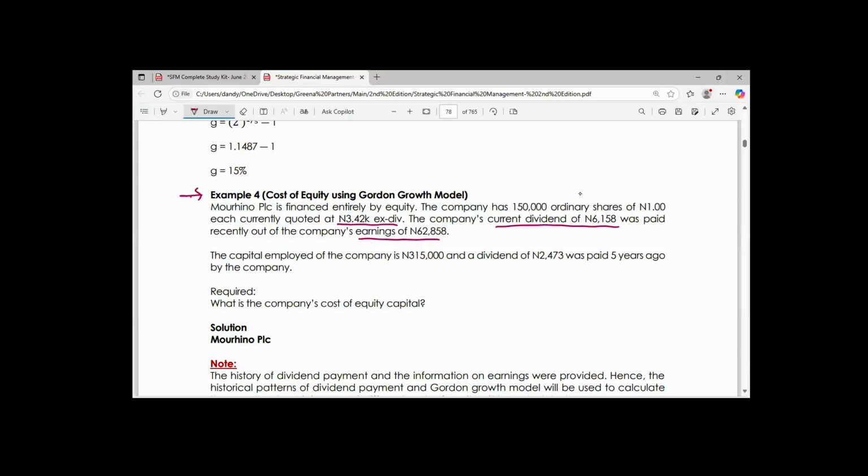The capital employed of the company is 315,000 and a dividend of 2,473 naira was paid 5 years ago by the company. Required: what is the company's cost of equity capital? Thank you very much. Yes, that is the question.